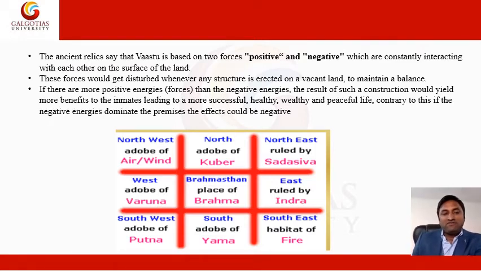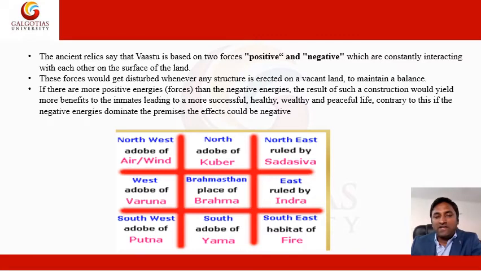As we can see, the northwest is the abode of air and wind, north is the abode of Kuber, the northeast is ruled by Sadasiva, west is the abode of Varuna, Brahmasthan is the place for Brahma, east for Indra, southeast for fire, south the abode of Yama, and southwest for Pruthvi.